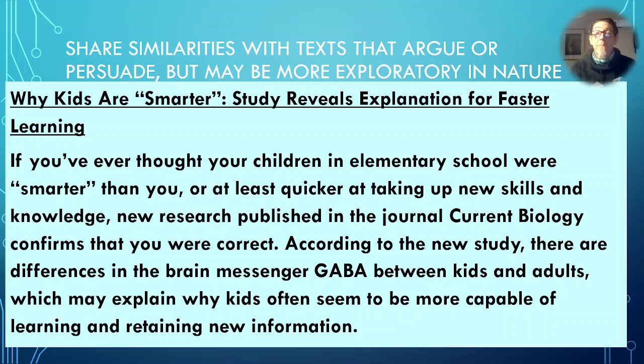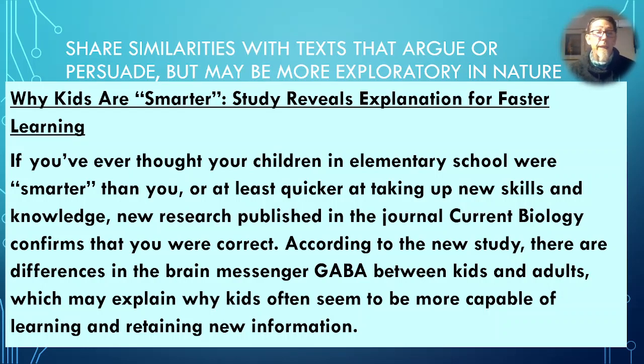So we said that it might share similarities with texts that argue or persuade. So we're going to look to see if there's any argumentative or persuasive effects in this text, but maybe more exploratory in nature. So maybe this is exploring ideas. So let's have a read of the text. If you've ever thought your children in elementary school were smarter than you, or at least quicker at taking up new skills and knowledge, new research published in the journal Current Biology confirms that you were correct.